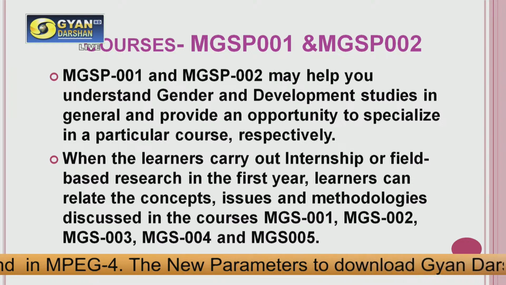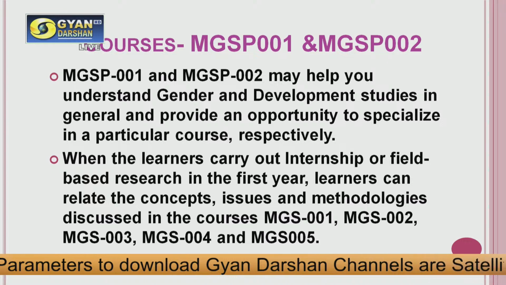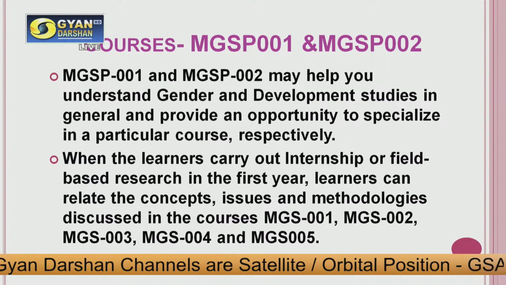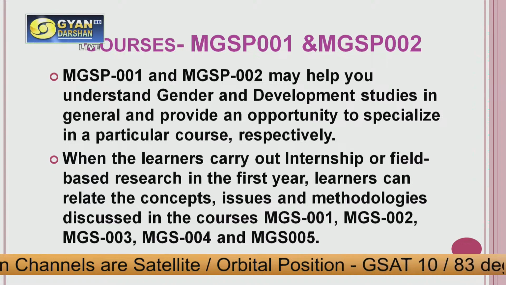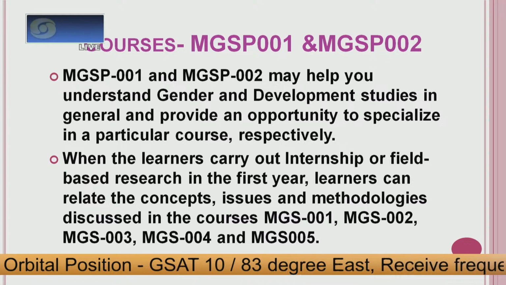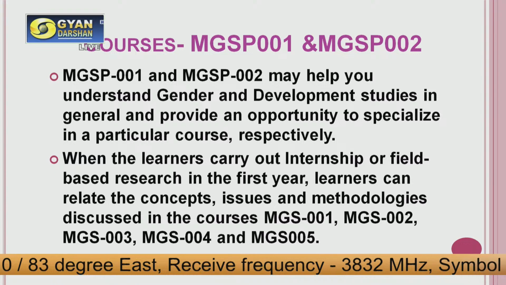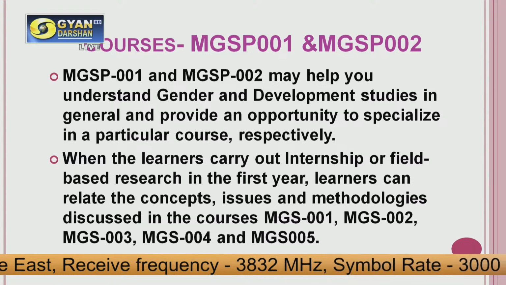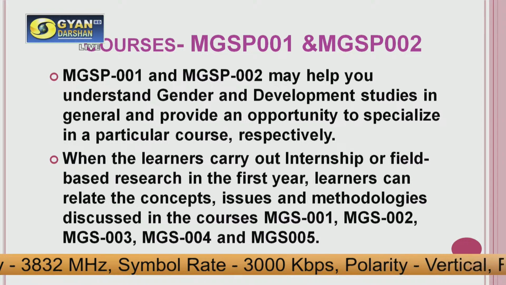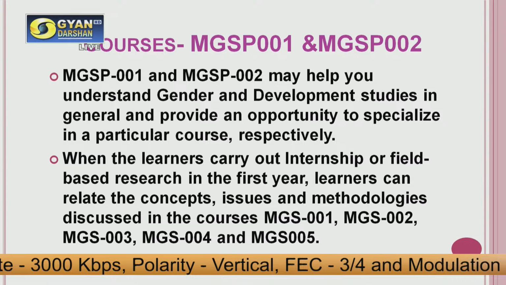These are the five compulsory courses in the first year. In MGS 001, as I have already mentioned, block 1 talks about the concepts. The second block covers approaches to gender and development, like development discourses, and various theories related to development, such as WID, WAD, GAD, and then strategies of GAD, gender mainstreaming, and gender and market economy.